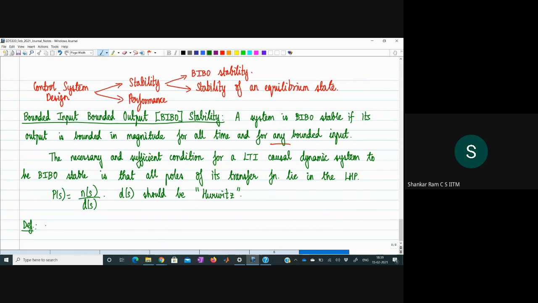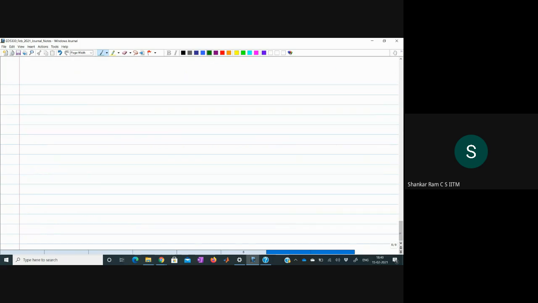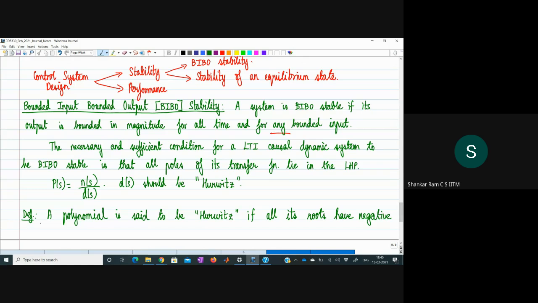A polynomial is said to be Hurwitz if all its roots have negative real parts. Okay, so that's the definition of a polynomial being Hurwitz.